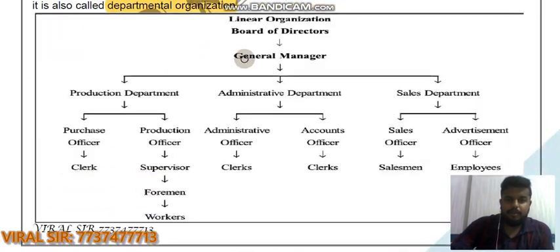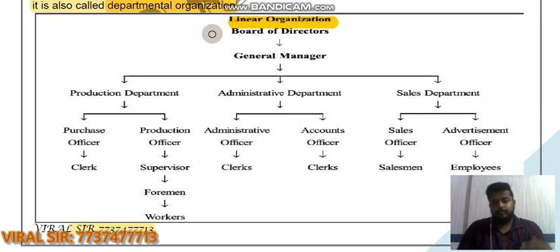This is an example of an organizational chart of a linear organization. First we have a board of directors, then under the board of directors is the general manager. Under the general manager, the business is divided into departments: production department, administrative department and sales department. The production department is further divided into purchase officer and production officer. The purchase officer has a clerk as subordinate. The production officer has foremen and workers.